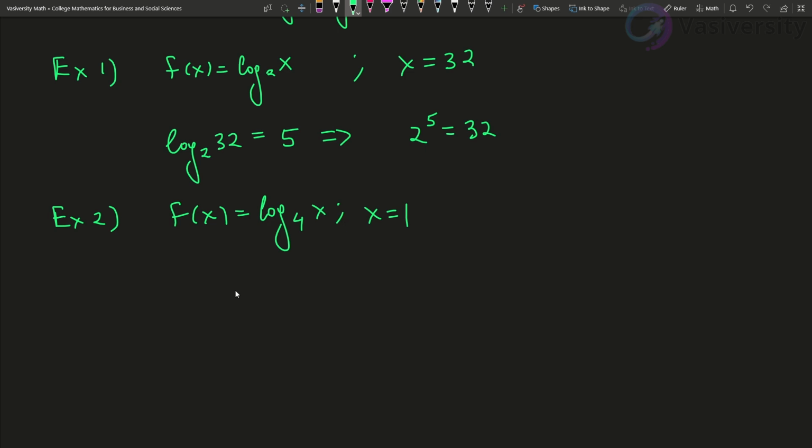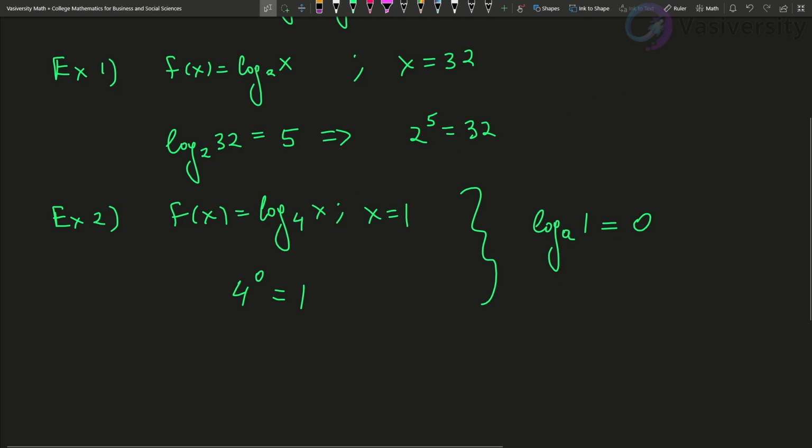That means we're going to have 4 to the power of 0, because any number to the power of 0 besides 0 is going to be equal to 1. So for this case, we can make a rule that log base a of 1 will always be equal to 0, no matter what base you have.